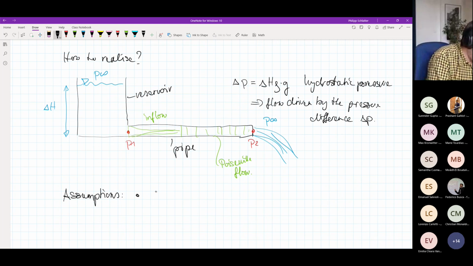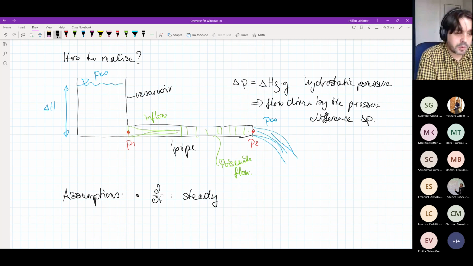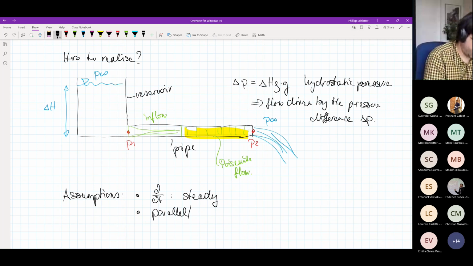Let's start with saying this is again a steady case, which of course is true. So the time derivative can be neglected. In the region where the flow is fully developed, so in this sketch, this region, not in the inflow region where the flow is still adapting, but in the statistically stationary and homogeneous part, we would assume that the flow is parallel and fully developed.